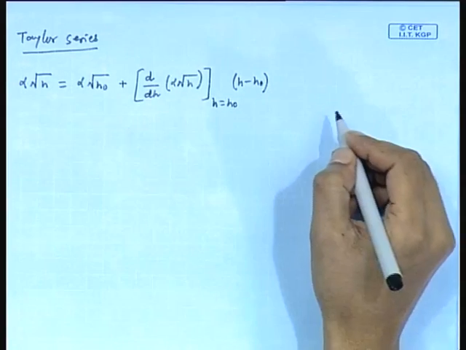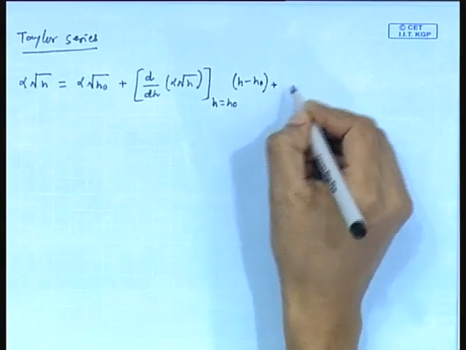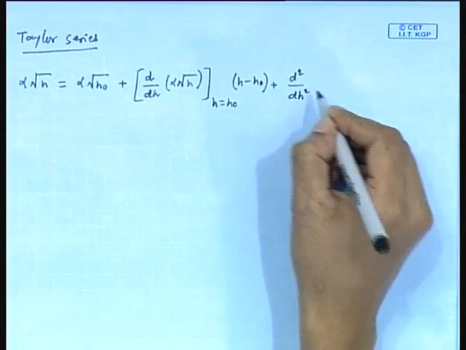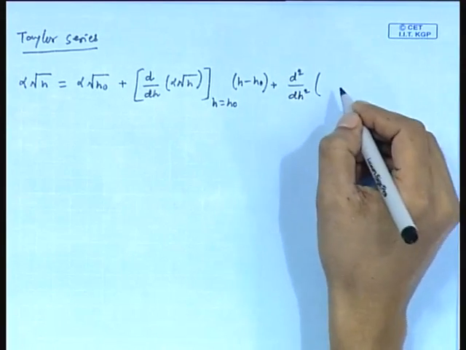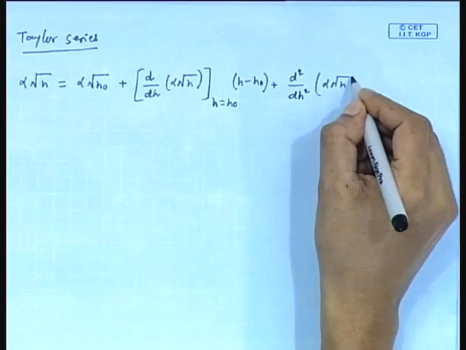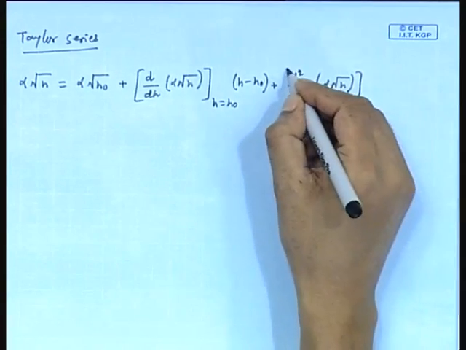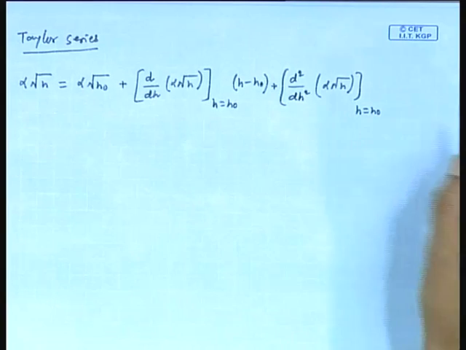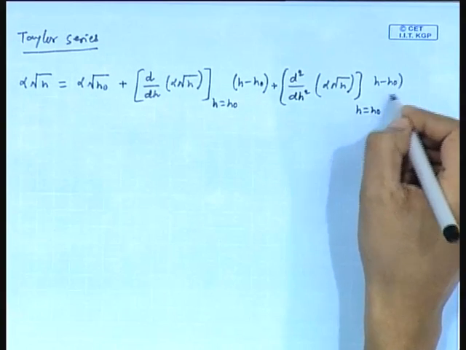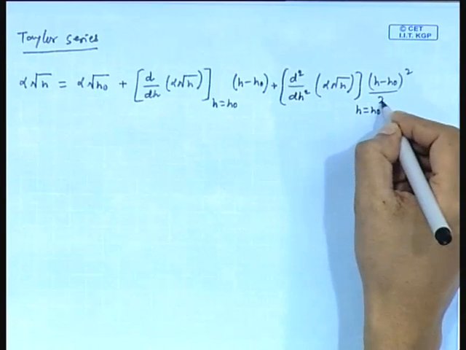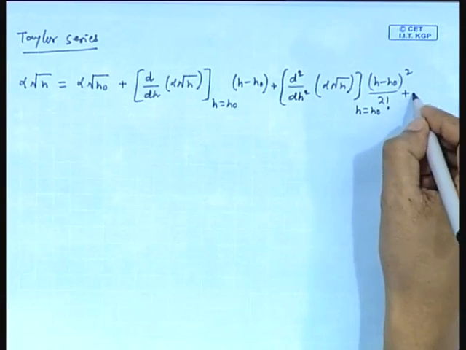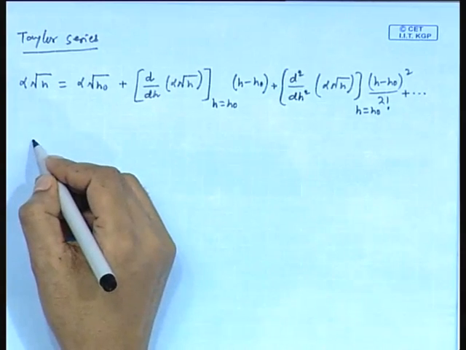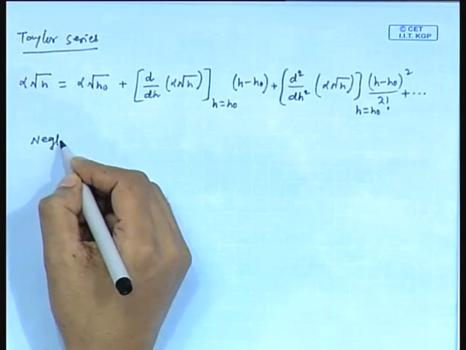H minus H naught. Similarly, the second derivative at H equals to H naught, H minus H naught whole square divided by factorial 2, fine. We will neglect the terms of order 2 and higher.